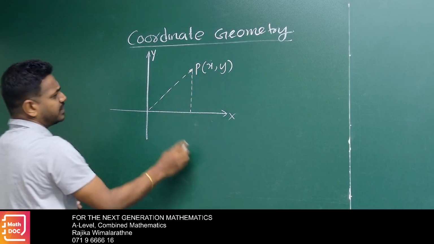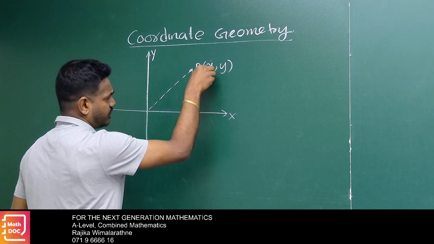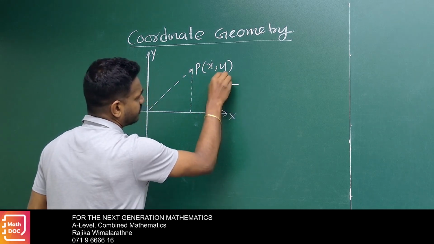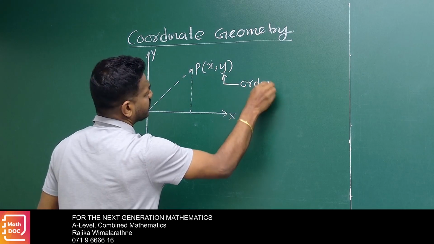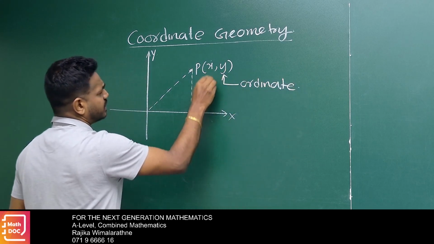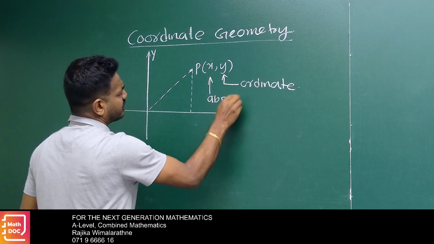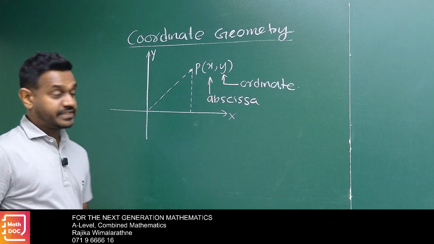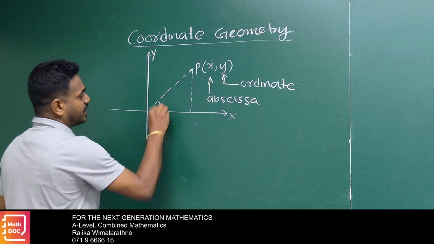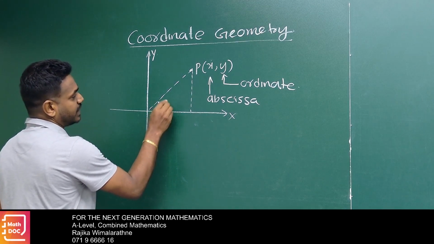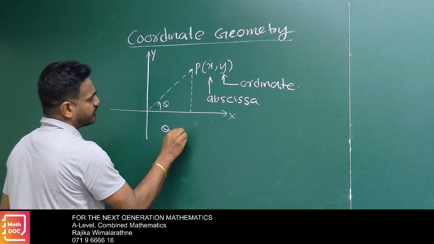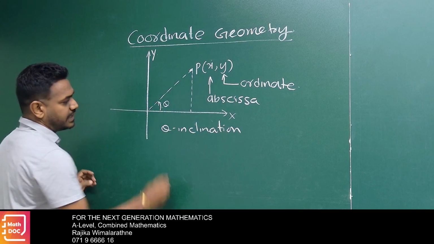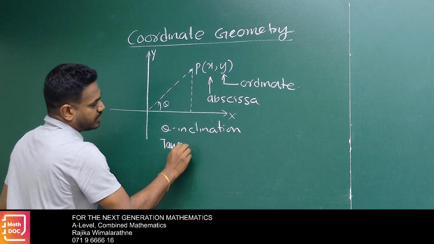The x coordinate is the abscissa, and the y coordinate is the ordinate. Then this angle theta from the positive direction of the x-axis we say is the inclination. Then tan theta we call the gradient.